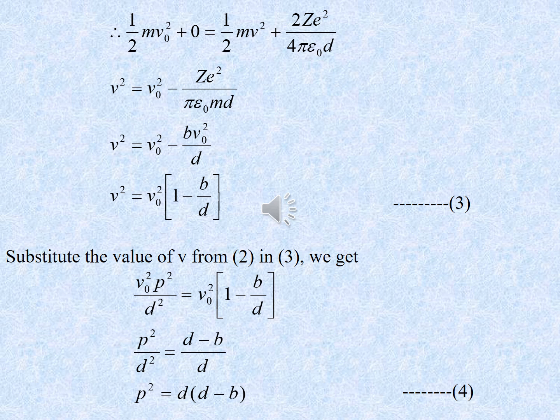Substituting the value of v from equation 2 in equation 3, we get v naught square p square by d square is equal to v naught square into 1 minus b by d. After solving, we get p square is equal to d into d minus b, that is equation 4.